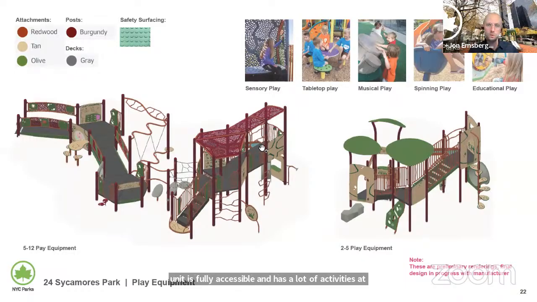And then as you move up into this upper level, you gain enough height to get a really exciting slide. And then there are a variety of different play categories that I look for in a unit, and I've highlighted a bunch of these on the top here.